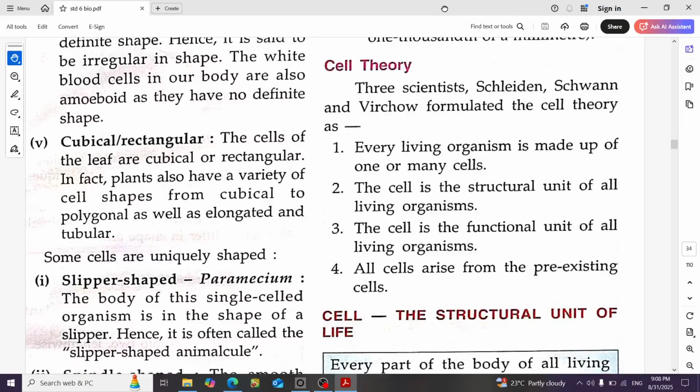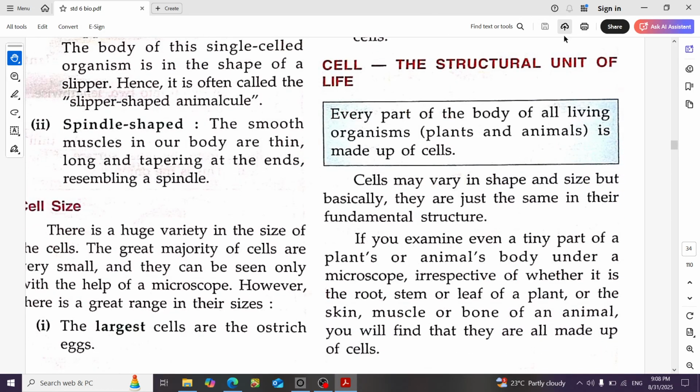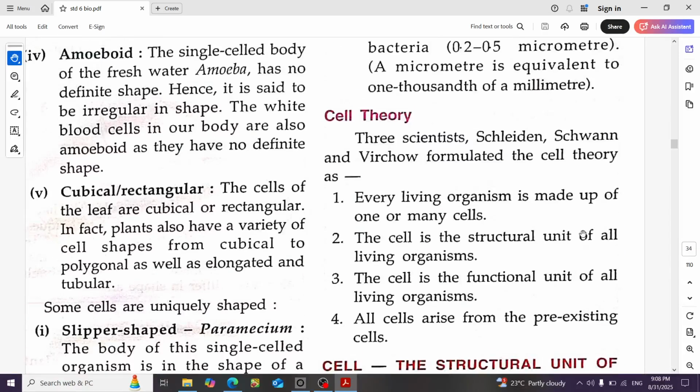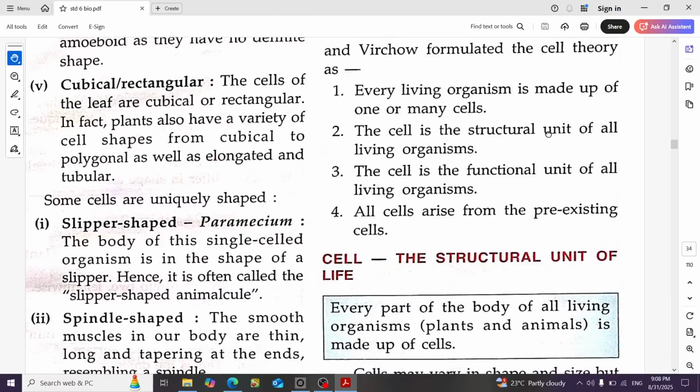Then further you can see the cell size. The largest cells are of ostrich egg. The longest are the nerve cells. The smallest are bacteria.